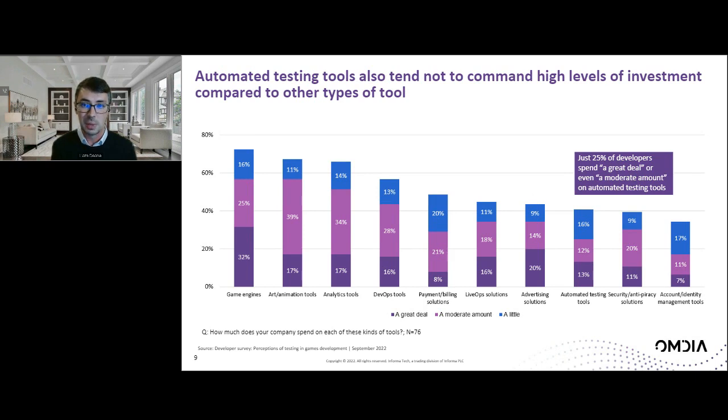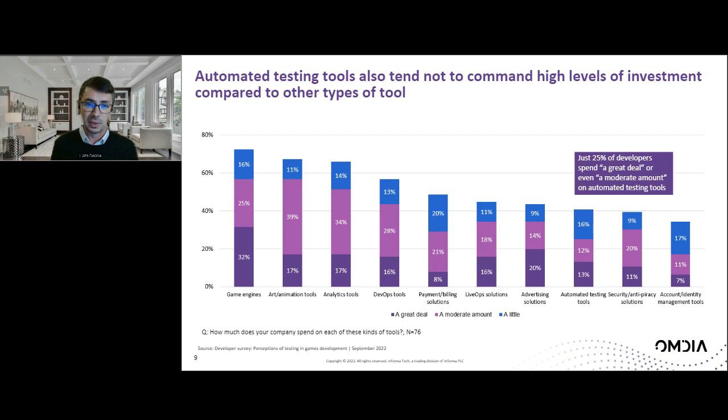We kind of see something that reinforces some of the same picture. So when we break down by whether developers think that they are spending a great deal, a moderate amount, or just a little on each of these different kinds of tools, we see when we look at game engines over here in the list, a lot of deep purple in there. That's obviously something that a lot of developers find is a big cost that they're facing as studios.